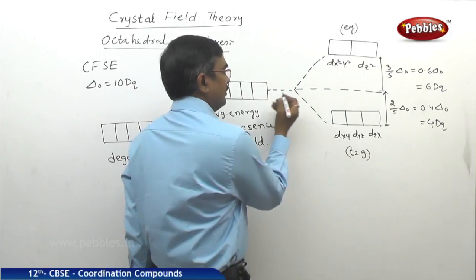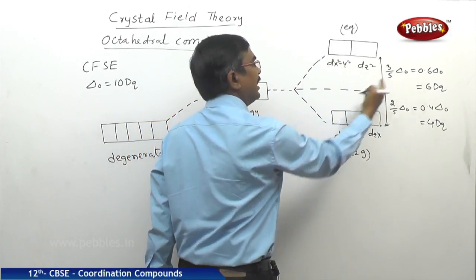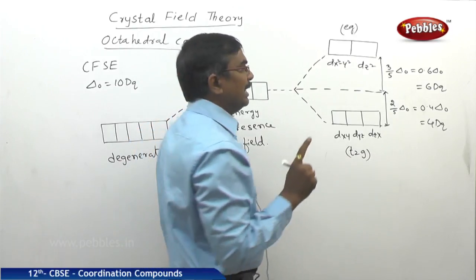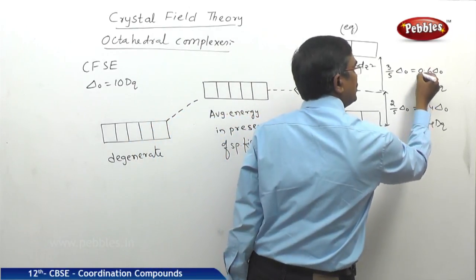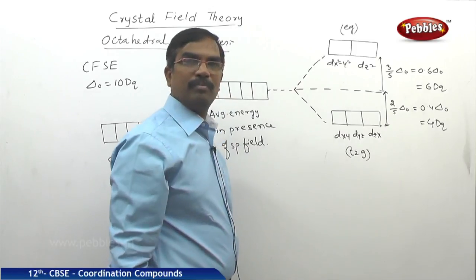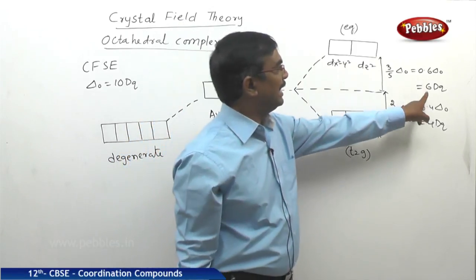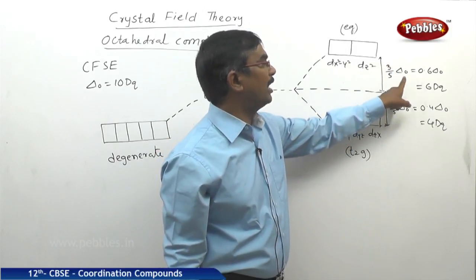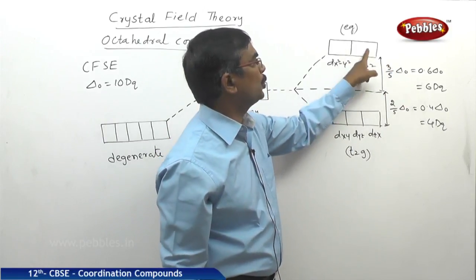That means the orbital which is increasing in energy, here we have two orbitals. Each orbital increases its energy by 0.6 delta O, or simply 6 dq, or 3 by 5 delta O. But how many orbitals are there? Two orbitals.